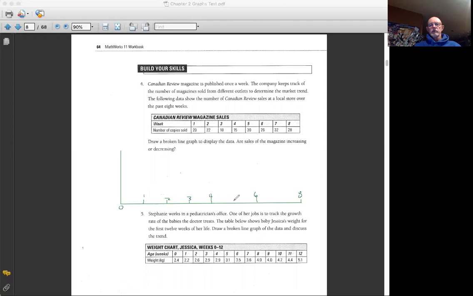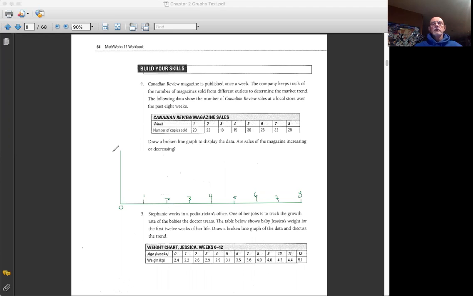Here's going to be 5-ish. 5. And 7. Now right away you can look at mine and you say, "Hey, those are not even." No, I get that. They're not even. I try to make them as even as I can, but I'm not stressing about it. See, I'm not stressing.